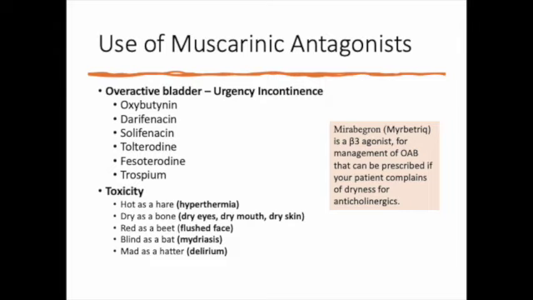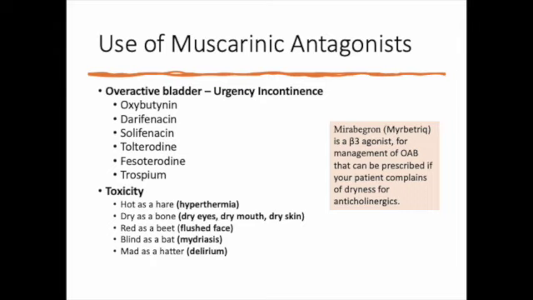And there are some selective antimuscarinic drugs like scopolamine and atropine that can cause that too. Remember that drugs with pronounced antimuscarinic properties, like antihistamines and tricyclic antidepressants, can also cause toxicity.